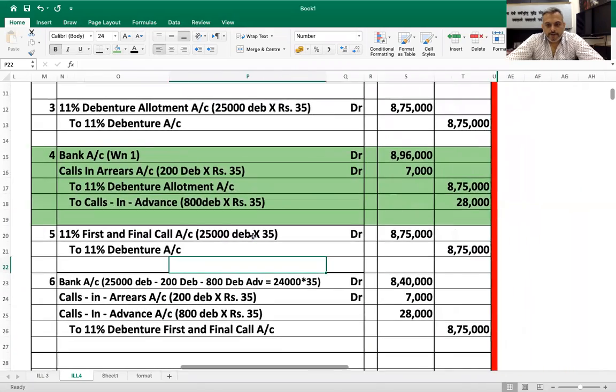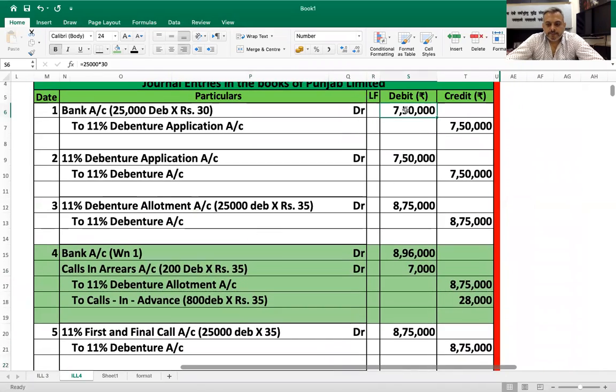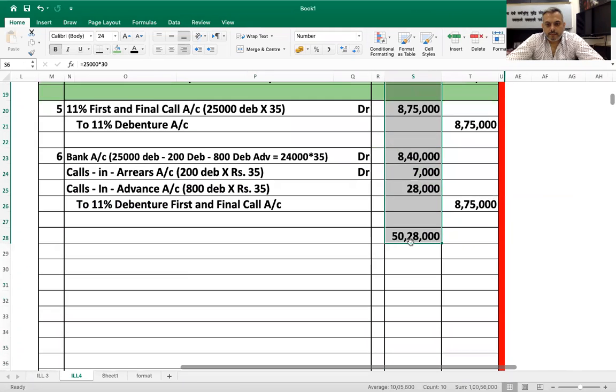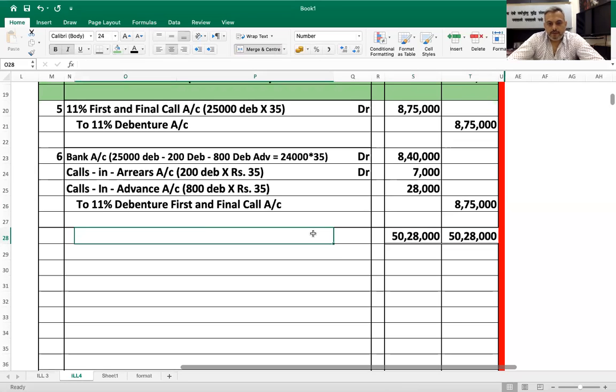And do the totals. Underline. Double underline. Total.